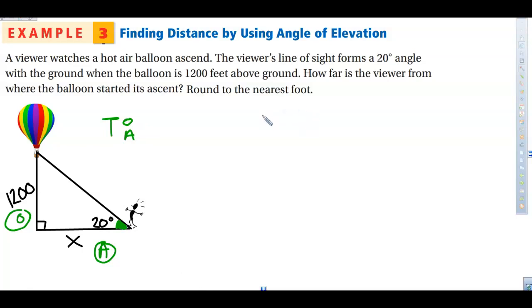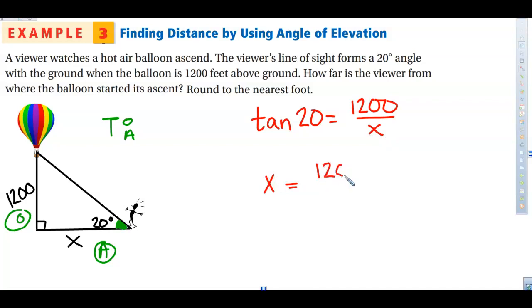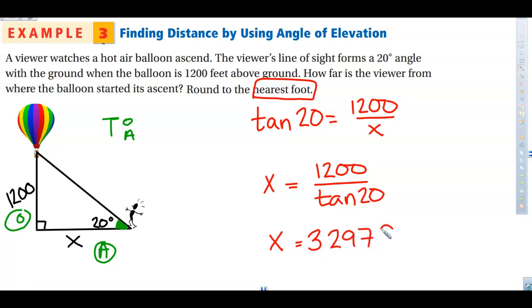So I'm going to set up the tangent of my angle, so the tangent of 20, equals my opposite side, which is 1,200, over my adjacent side, which is X, so again, my X is in the denominator, so again, we are going to divide. All right, and when we put this in the calculator, again, we're rounding to the nearest foot, so the nearest whole number, and I should get 3,297 feet.